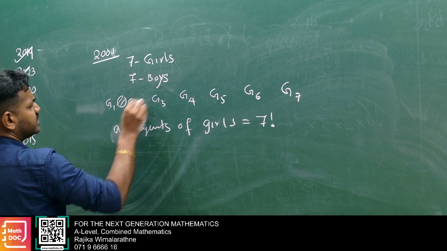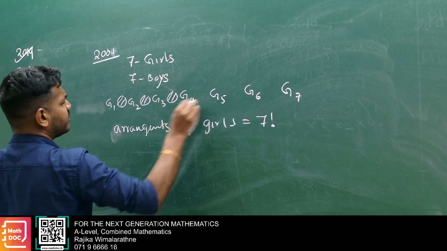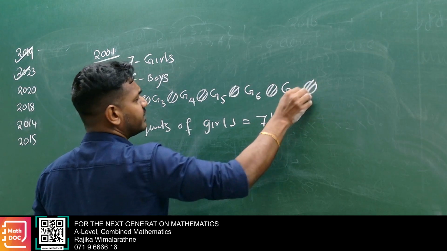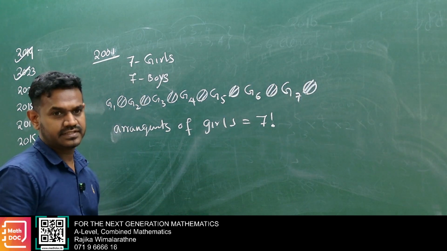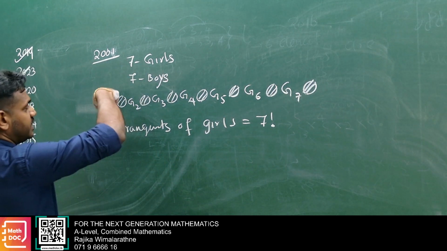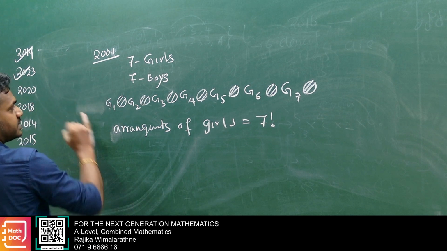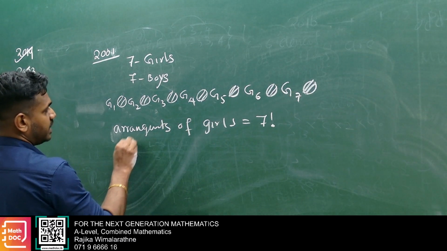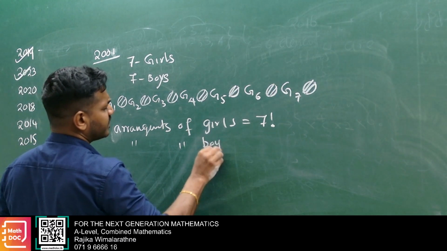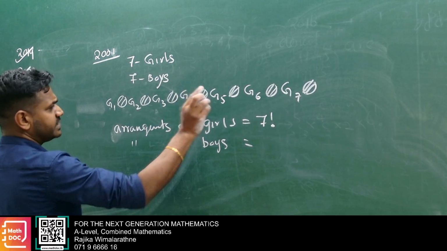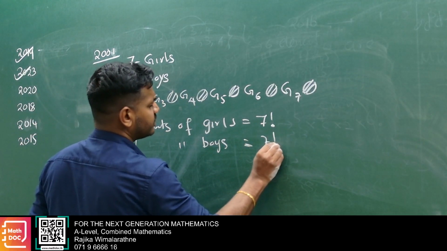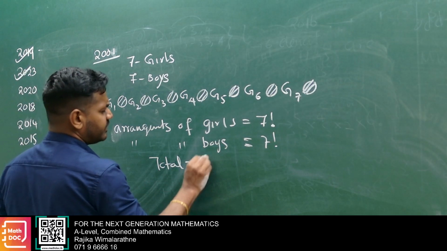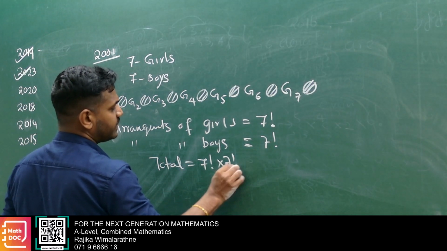Now we have 1, 2, 3, 4, 5, 6, 7 spaces to arrange boys. First must be a girl, so before that we don't have any space. Then between these girls we have spaces to arrange boys. We have 7 boys and 7 spaces, so 7 factorial ways. Total: 7 factorial into 7 factorial.